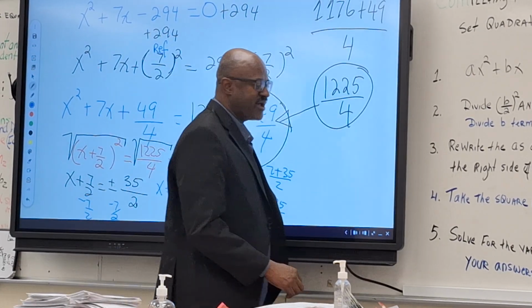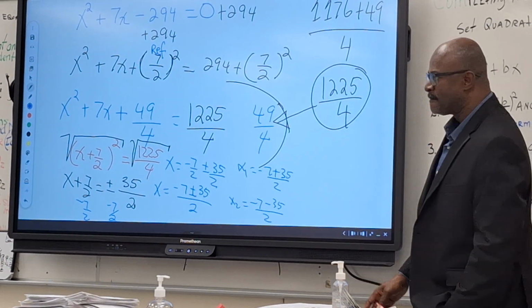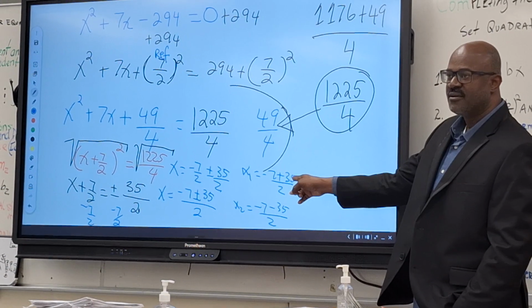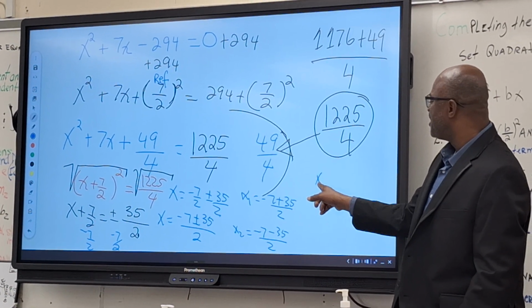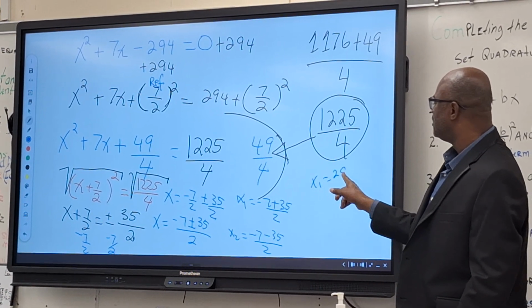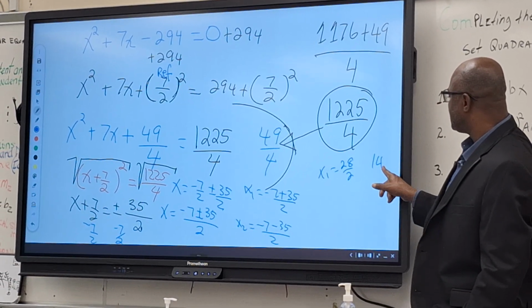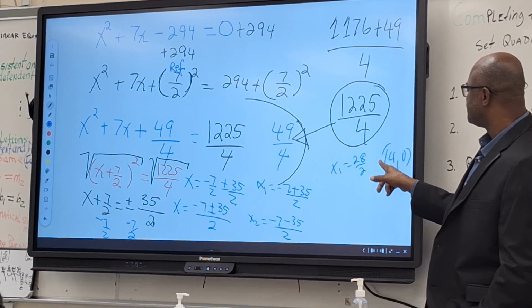Now it's simplifying. What is negative 7 plus 35? Positive 28. That will be positive 28 over 2. What is 28 over 2? 14. My first x-intercept is 14, 0.